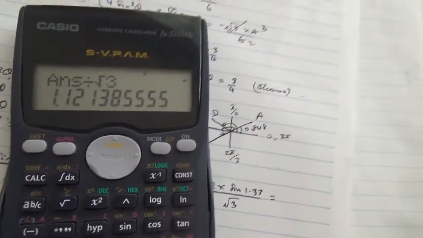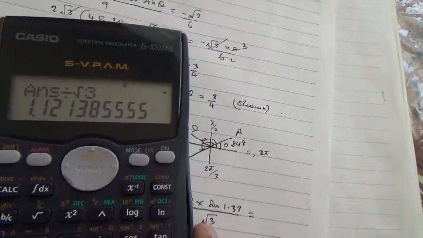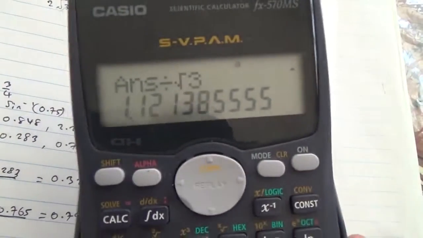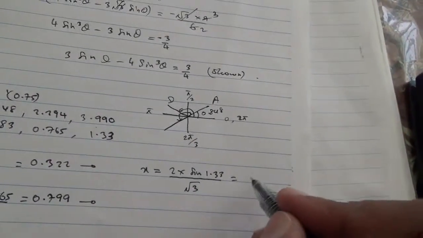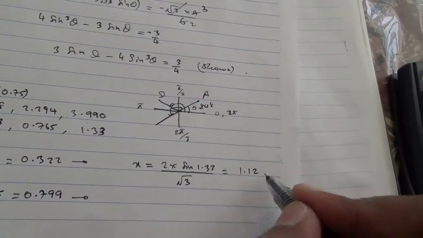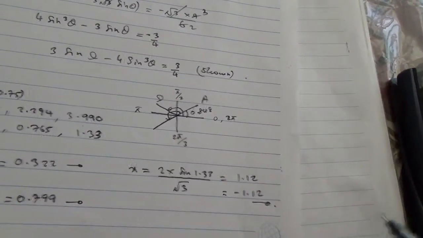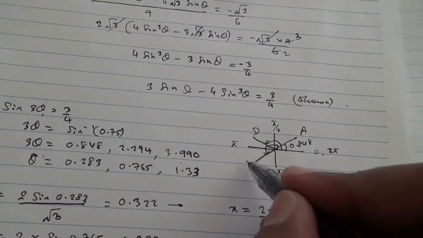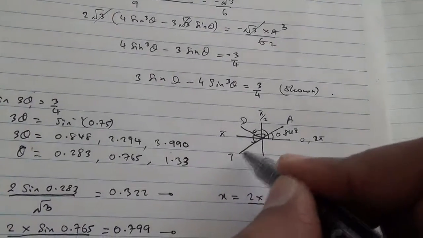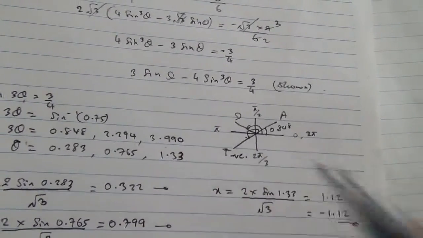That's going to give us 1.12. Therefore I can say minus 1.12 because that's a negative value. It's in the third quadrant, where sine is negative.